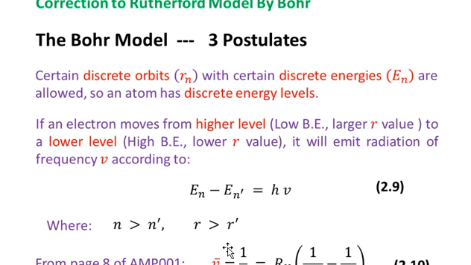And of course, r is also greater than r prime, because for a larger radius, the value of the quantum state parameter, the integer n, will be larger, and the radius will also be larger for such a state.